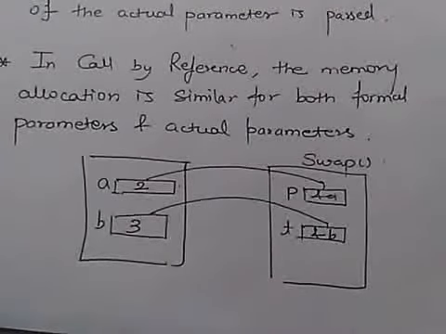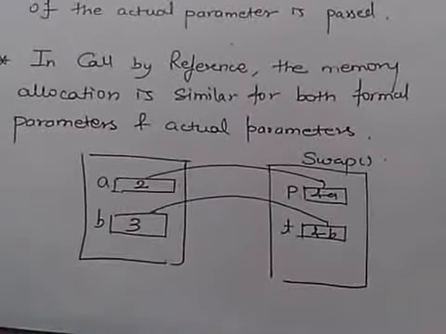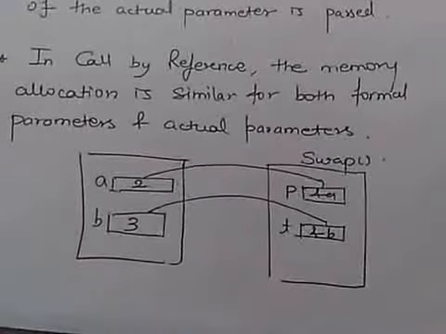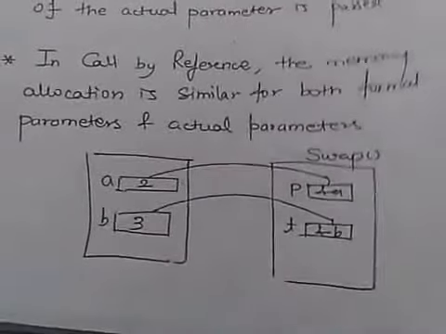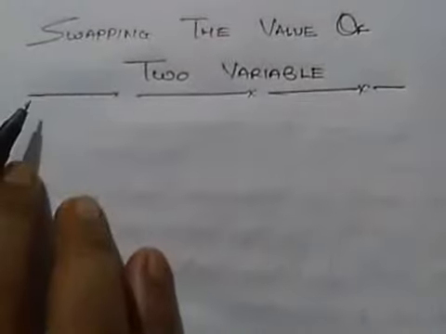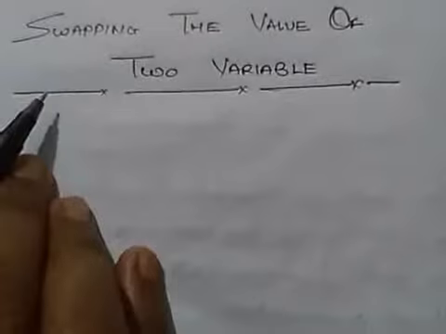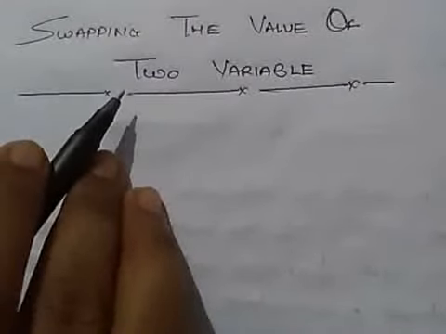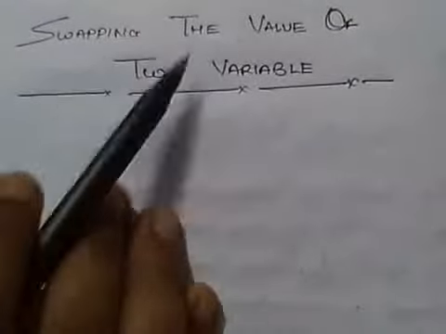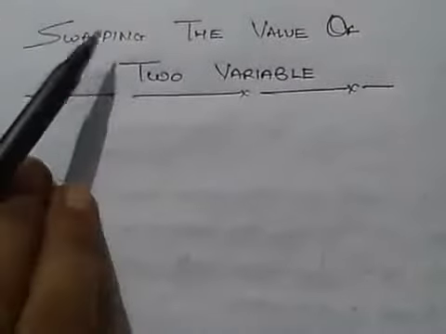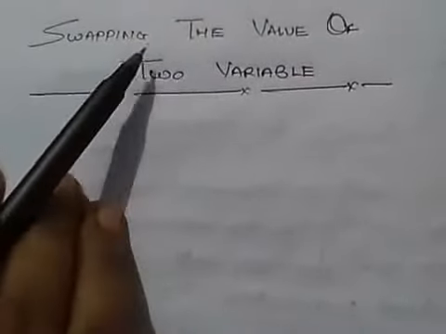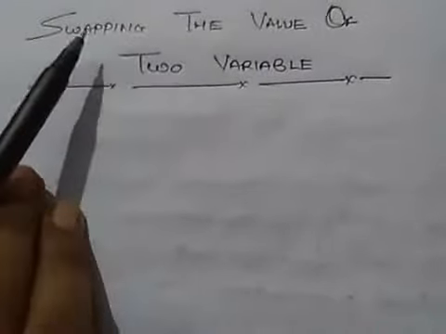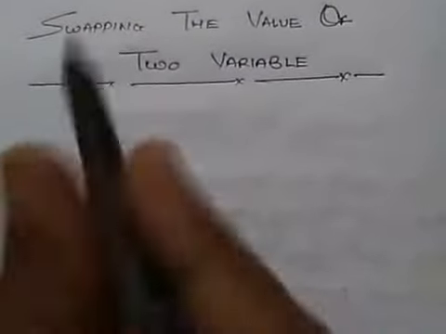Now let us take a program of swapping the value of two variables with the help of the call by reference mechanism. In this example, we are swapping the value of two variables. Swapping means exchanging the value of two variables.